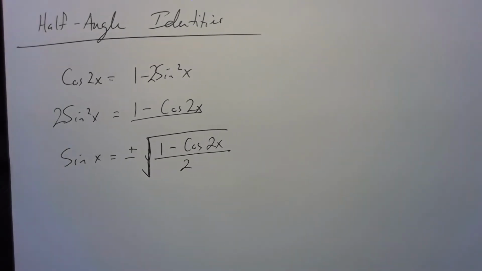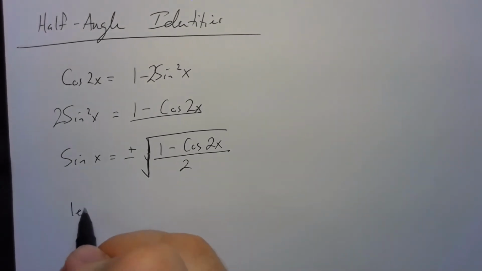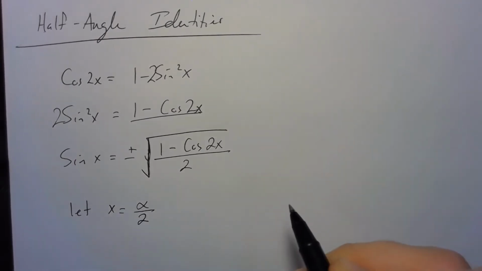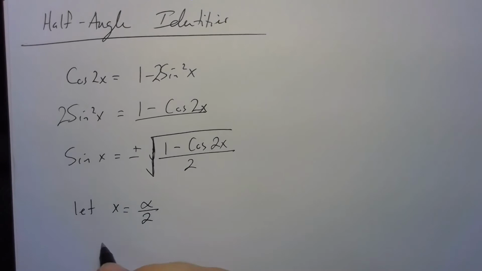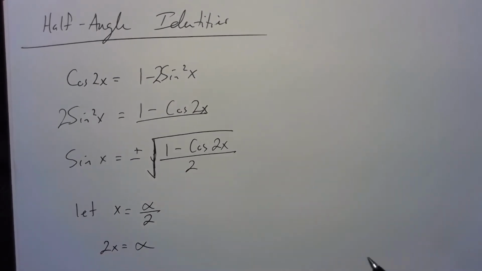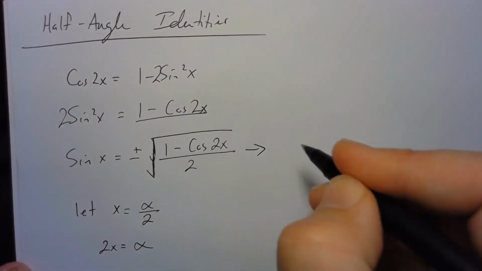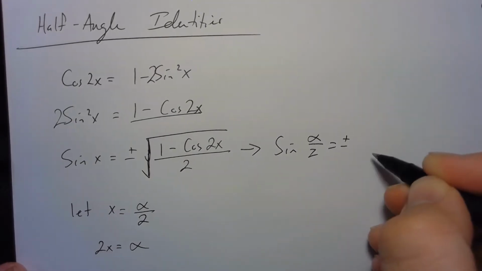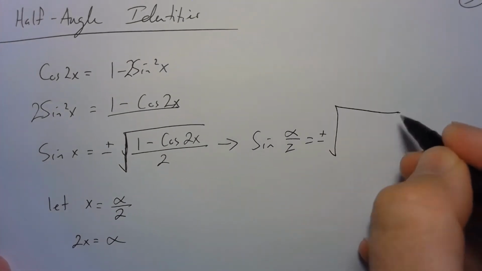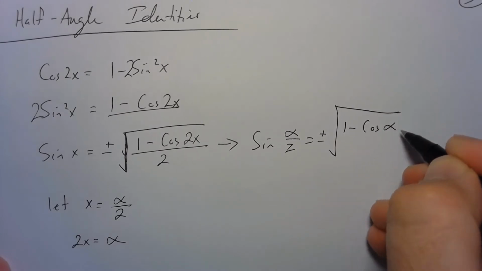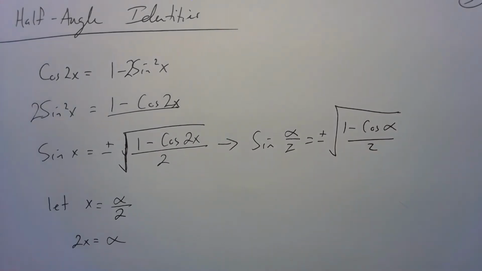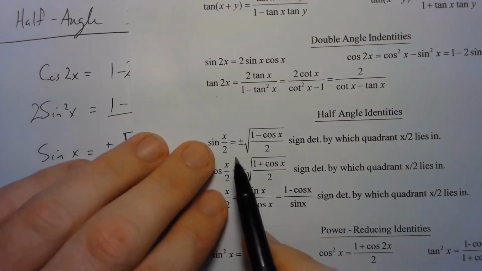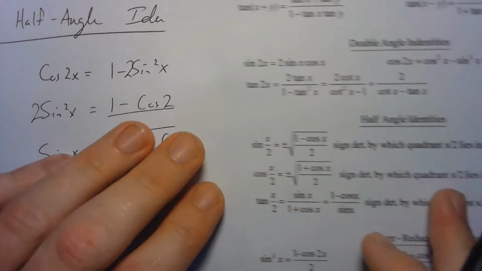So if instead of utilizing x, I decided to let x equal, say, alpha over 2, that means that my 2x is equal to simply alpha, and this formula ends up becoming the sine of alpha over 2 equals plus or minus the square root of 1 minus the cosine of just alpha, all divided by 2.